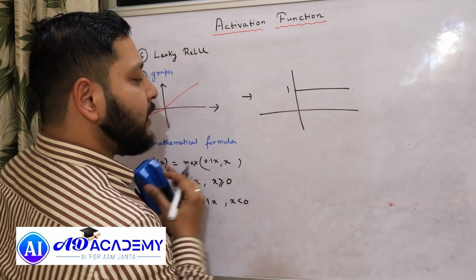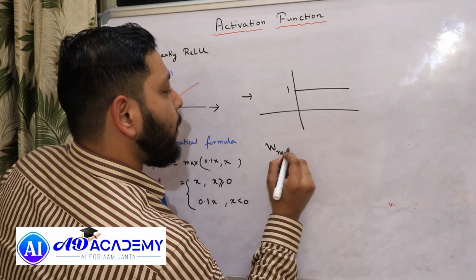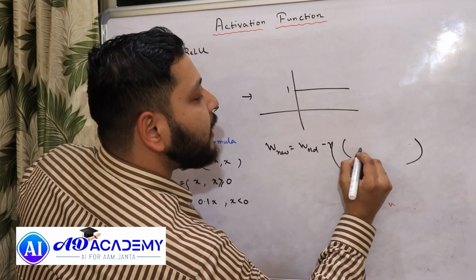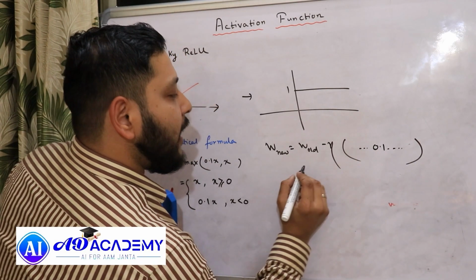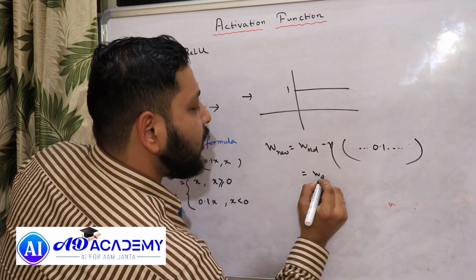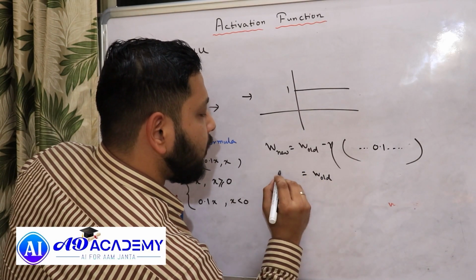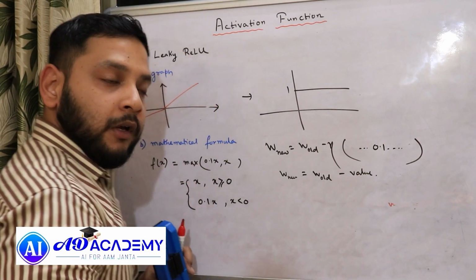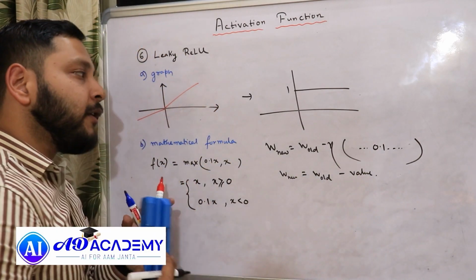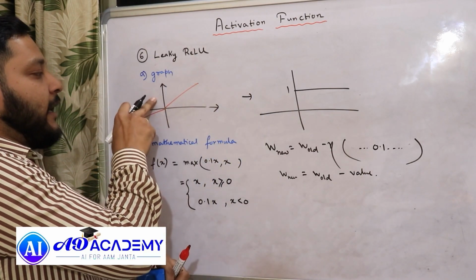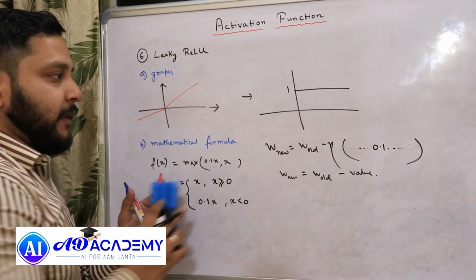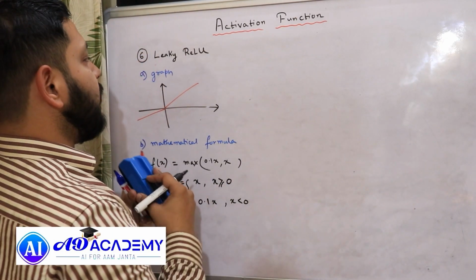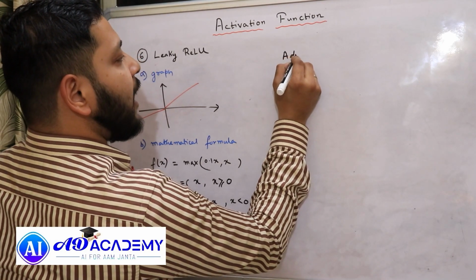Thus while we are doing this updation of weight in the chain rule, we will get some value, and as a result there will be an updation of the weight, w minus some value. So updation of weight takes place both when x is greater than 0 and when x is less than 0. Thus it solves the dying ReLU problem. Thus it is a very good advantage.